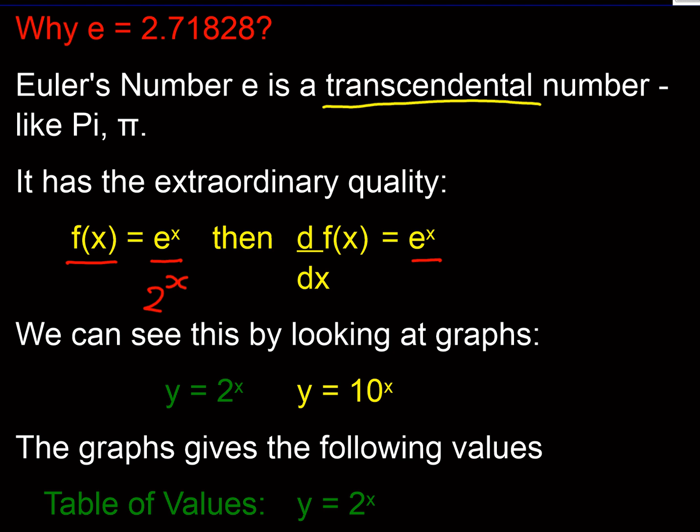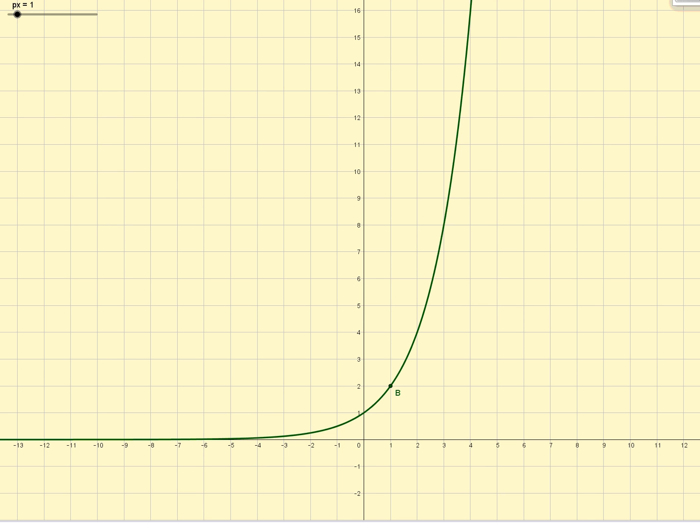So if we found the y value at any point, then the gradient is going to be the same in e to the x. We can have a look at this by looking at some graphs, and we'll use GeoGebra to do that. Here, this green line is the graph of 2 to the power x, so that's y equals 2 to the x.